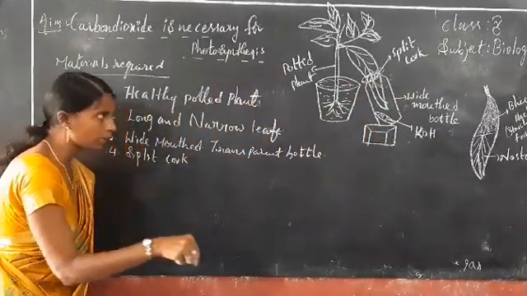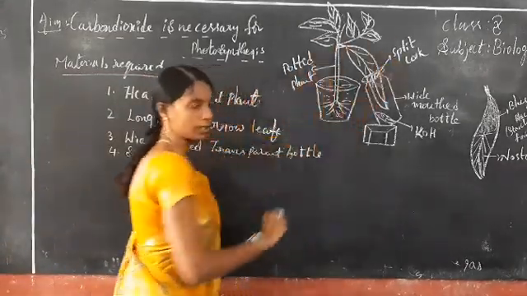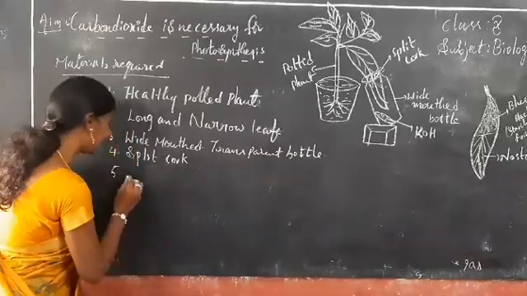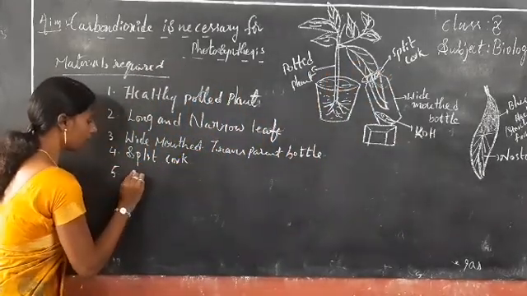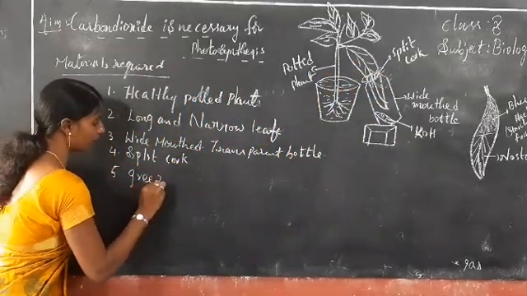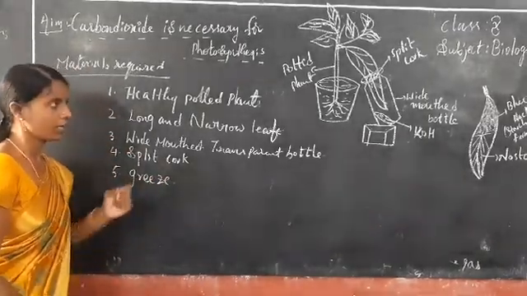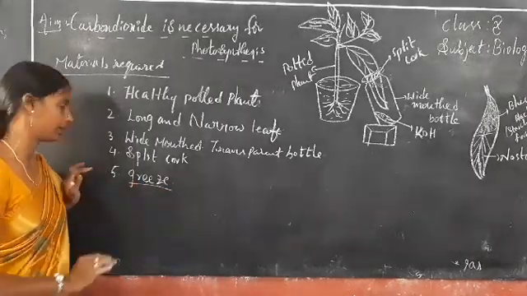With the help of this split cork only we insert the leaf. That's why we are using a split cork. And with the help of grease, we apply grease through the split cork so that no other carbon dioxide gas enters the bottle. That's why we are applying grease also. It's not mentioned in our textbook, but I am saying grease is also very important. Next one.